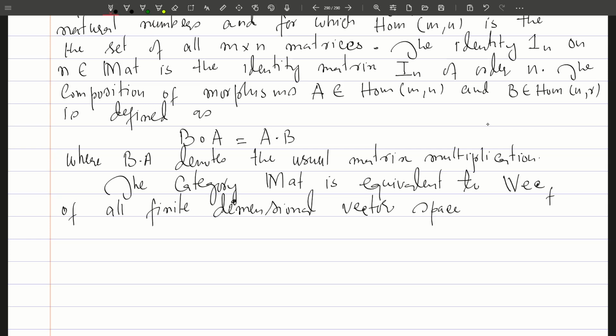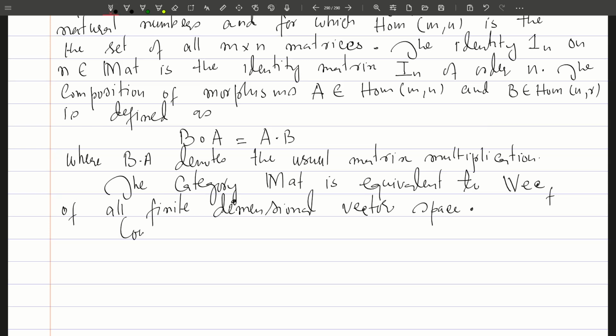One should note here these two categories are not isomorphic. So how are they equivalent? To prove they are equivalent, we have to exhibit an equivalence.